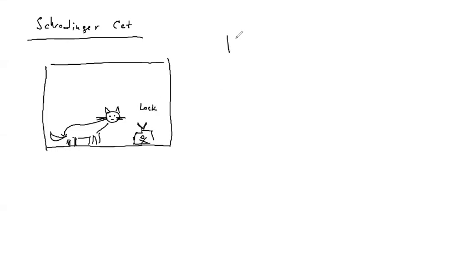So the state of this lock can be open. That means your cat will die. If you open the lock and the poison goes out, the cat is going to die. And your lock can be in a state closed. Then if the poison doesn't go out, the cat is alive.